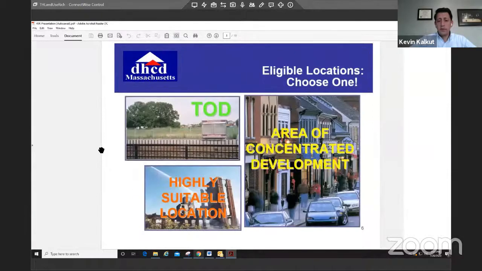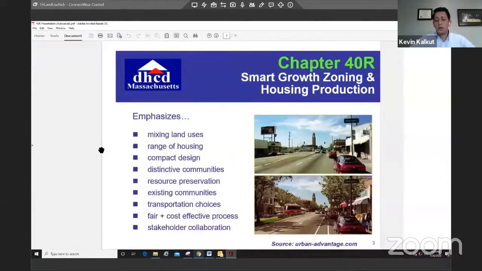Rich, can I throw in a note right there, please? Oh, sure. Thanks. So with 40R, there's a flurry of different reasons that DHCD will give for why it works in certain areas. In our situation, the appeal of this program is to be able to leverage zoning for as detailed a spot as a single lot, and then have that zoning work differently than the district as a whole.